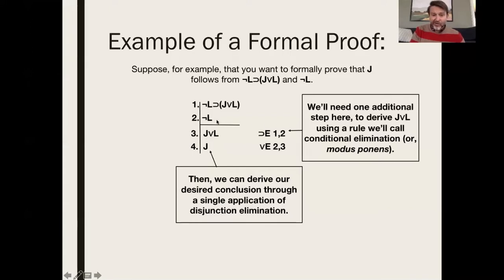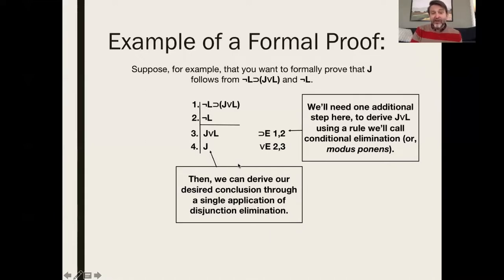We'll always suppose our premises are true. So we know J or L, and we know that it can't be the case that L, from premise 2. So again, we're able to derive our desired conclusion J through a single application of the rule called disjunction elimination, and that comes from premise 2 and step 3. So that allows us to derive J, our conclusion.